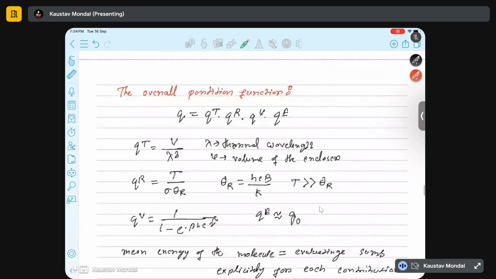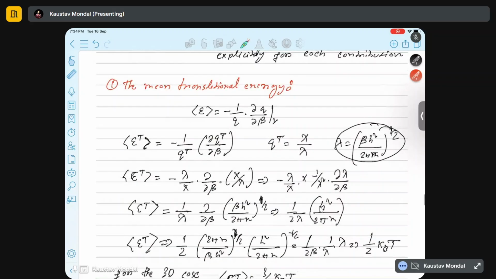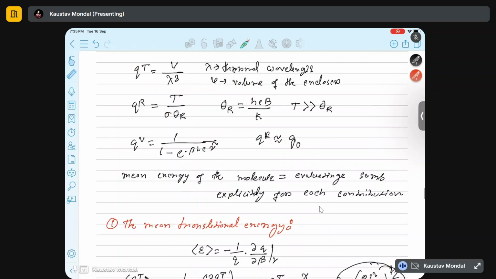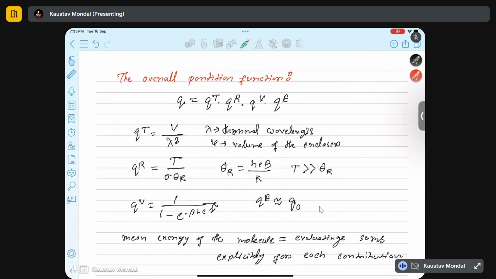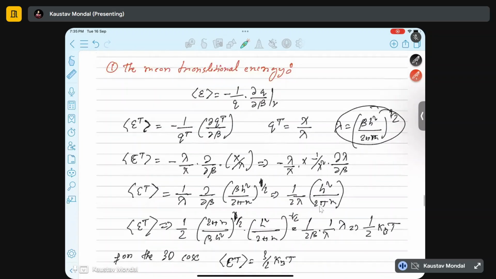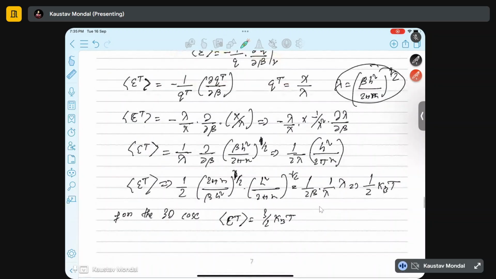Once you got the partition function for the whole thing, the translational, rotational, vibrational, electronic case, then we actually calculated how the mean energy of the whole molecule looks like, after considering all the four contributions. First we calculated the translational contribution that gives the translational mean energy.